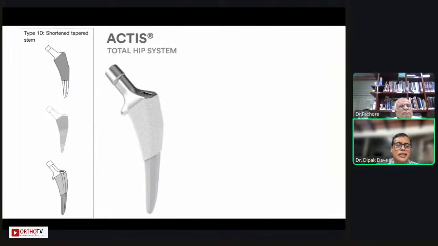Another one, within type 1 itself, type 1D is the shortened tapered stem, called the Actis or Insignia in Stryker. These stems are also called type 1 stems. Slowly this is becoming more and more popular, particularly with the direct anterior approach.